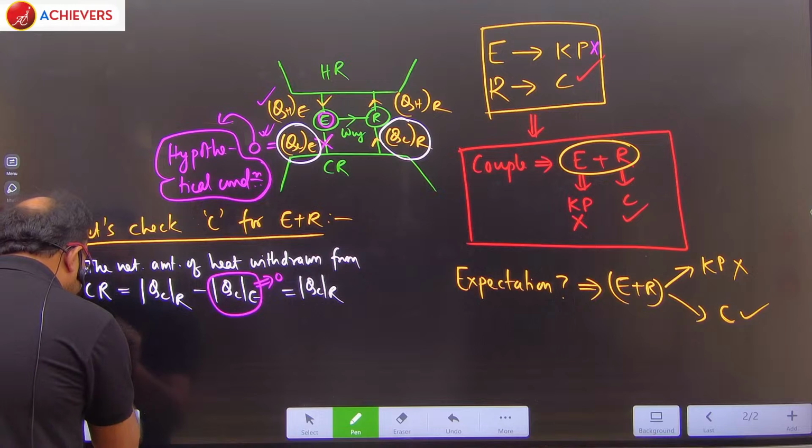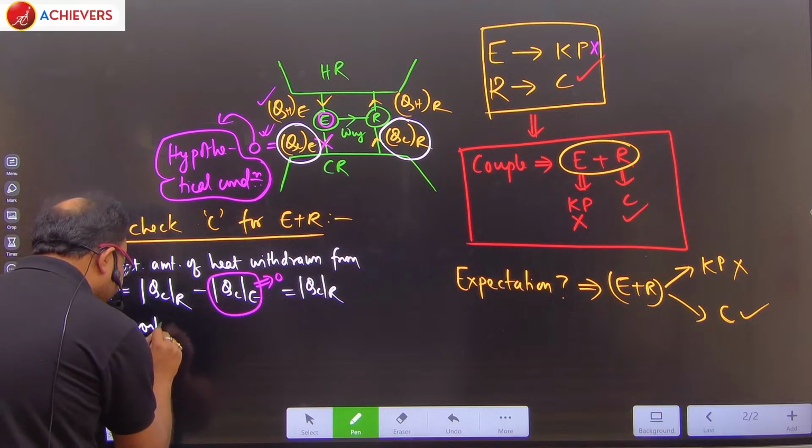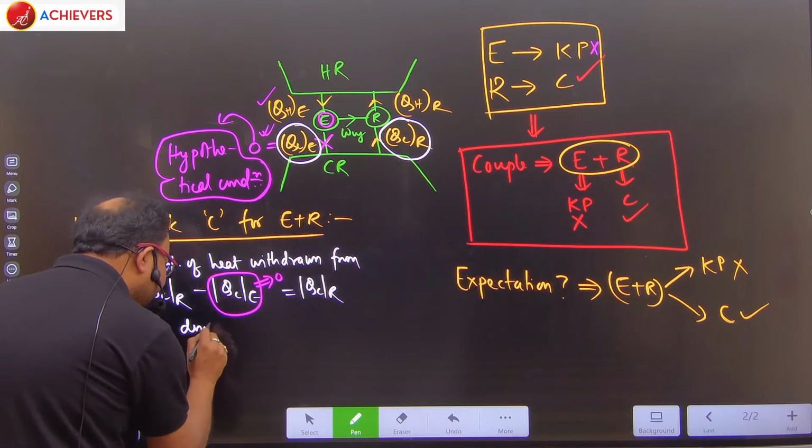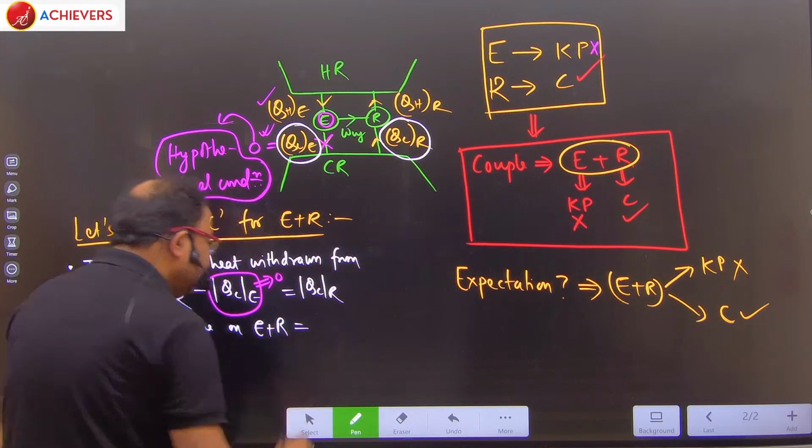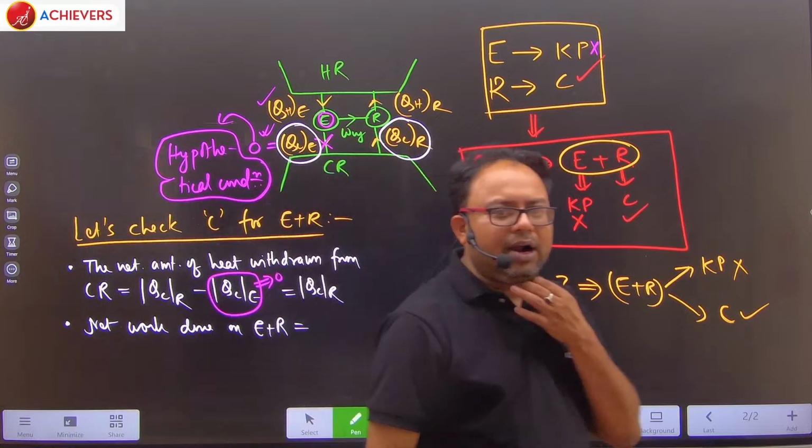Next, net work done on E plus R. What is the net work done on E plus R?